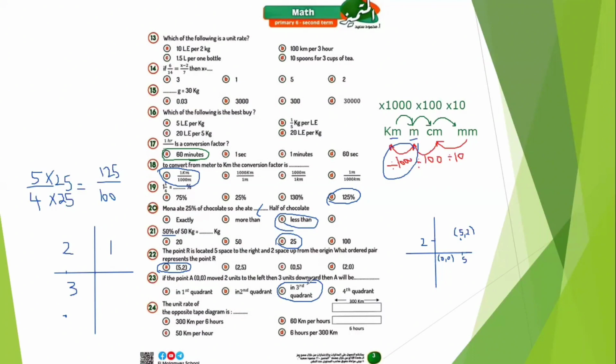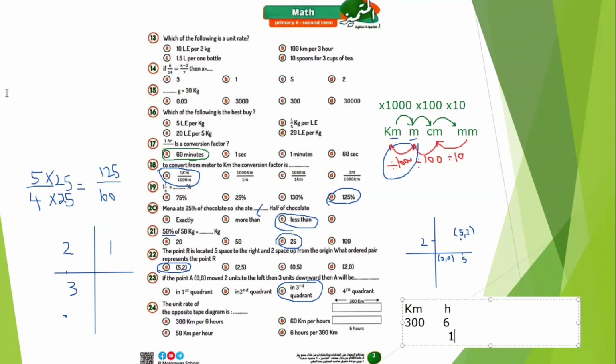24. The unit rate of the opposite tape diagram is... we can solve this by using the ratio. We compare the kilometers and the hours. We have 300 kilometers, and this is in 6 hours. How can we get the value of 1 hour?